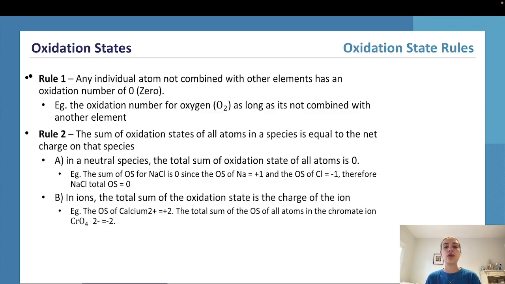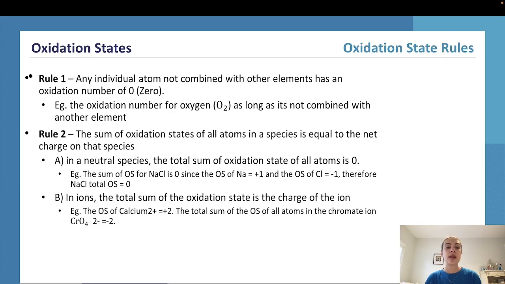These are our rules for the oxidation states. Rule number 1 states that any individual atom that is not combined with other elements has an oxidation number of 0.